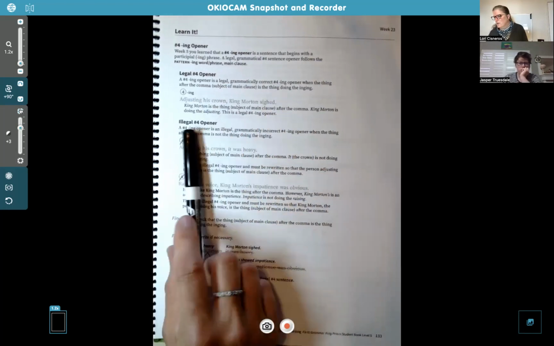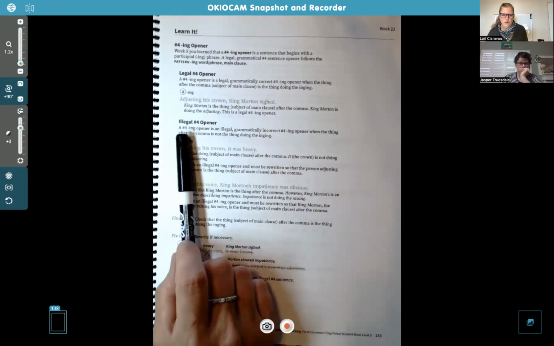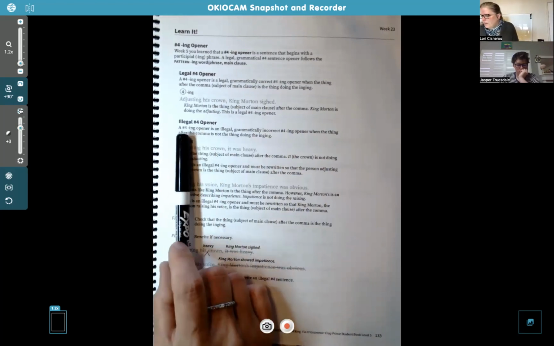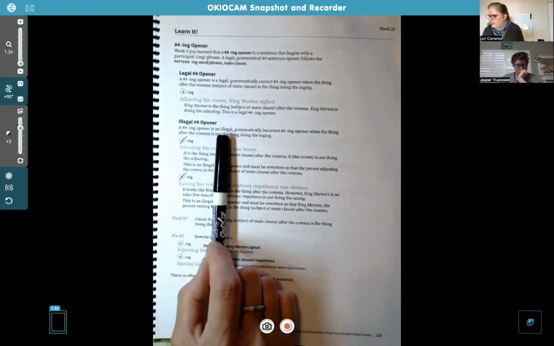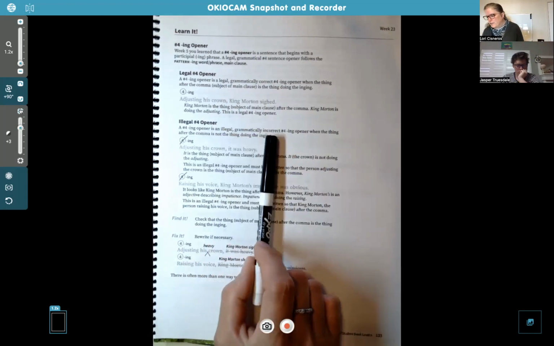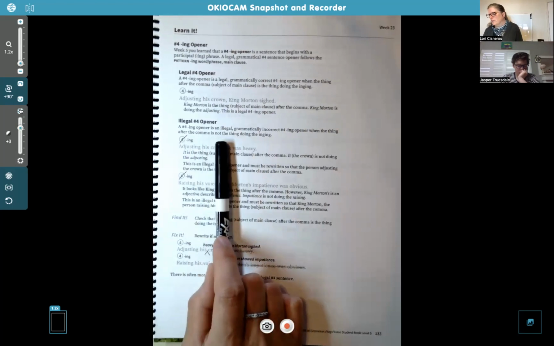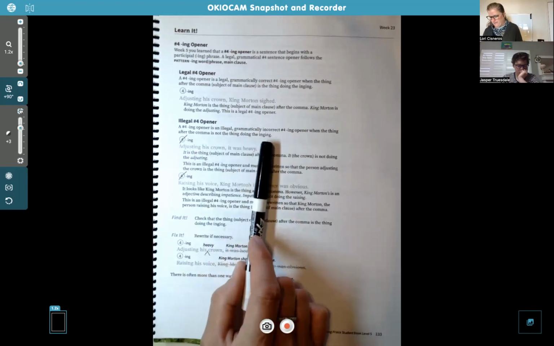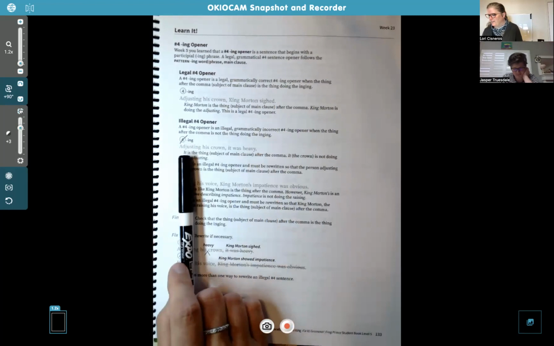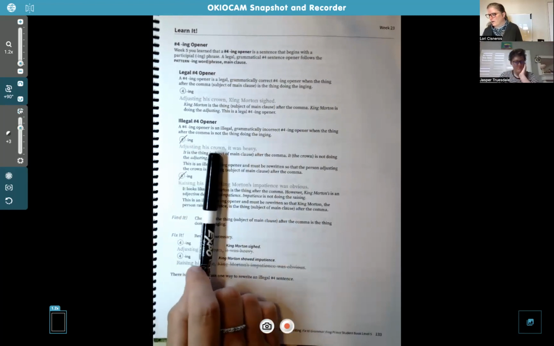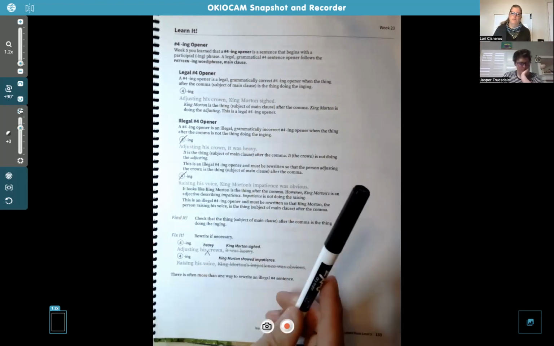So here are some examples of illegal number 4 openers. A number 4 ing opener is an illegal, grammatically incorrect number 4 ing opener when the thing after the comma is not the thing doing the inging. So here, adjusting his crown, it was heavy.